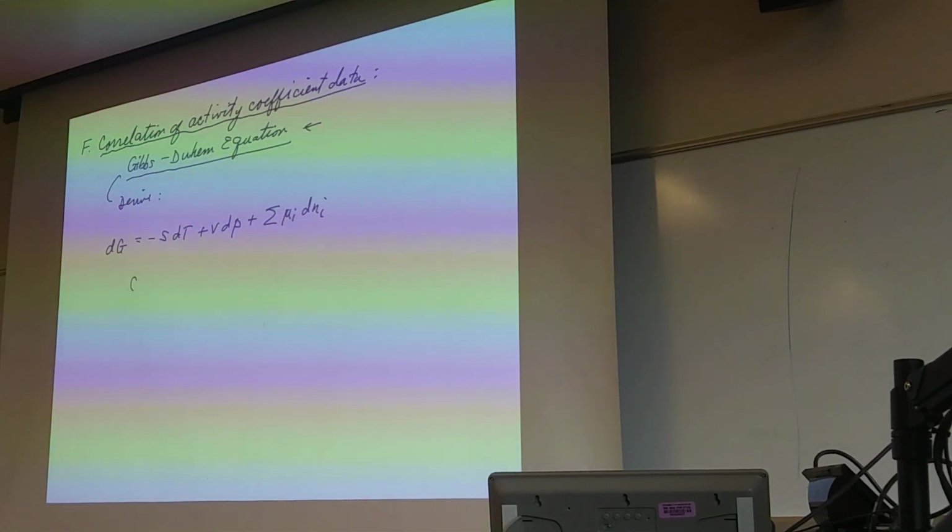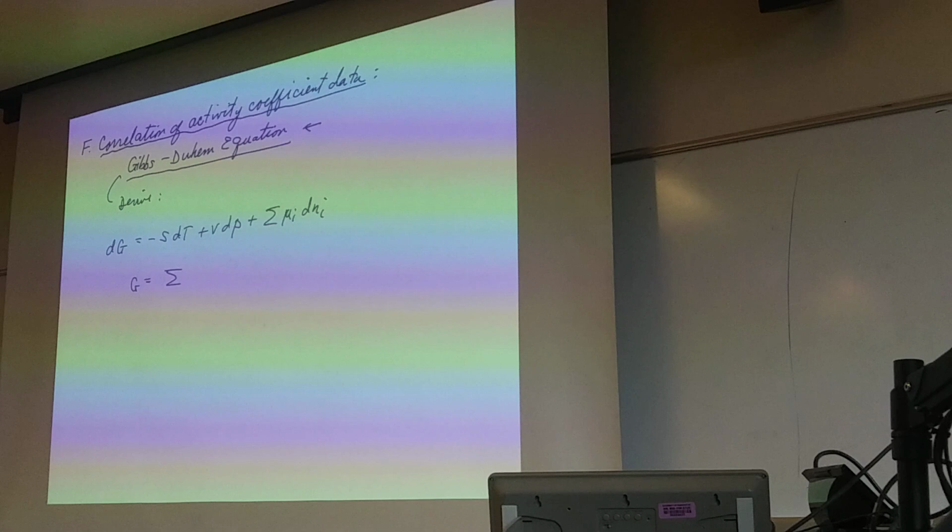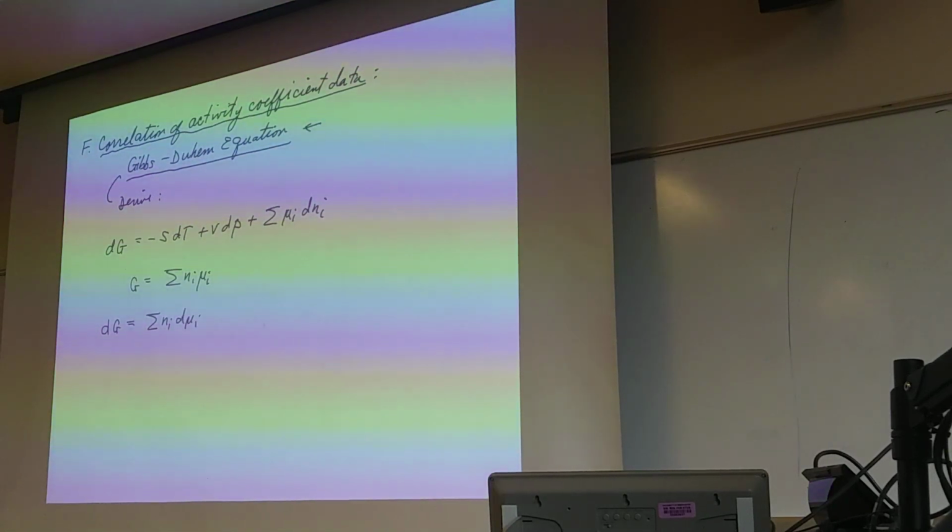So I know also that G can be written as the summation of Ni times the partial molar properties. And if I differentiate that, which is just true in general, I'm going to get summation of Ni d mu i plus summation of mu i d Ni.